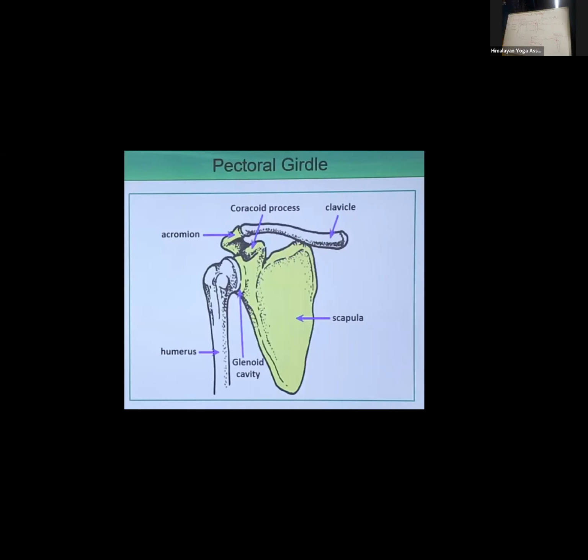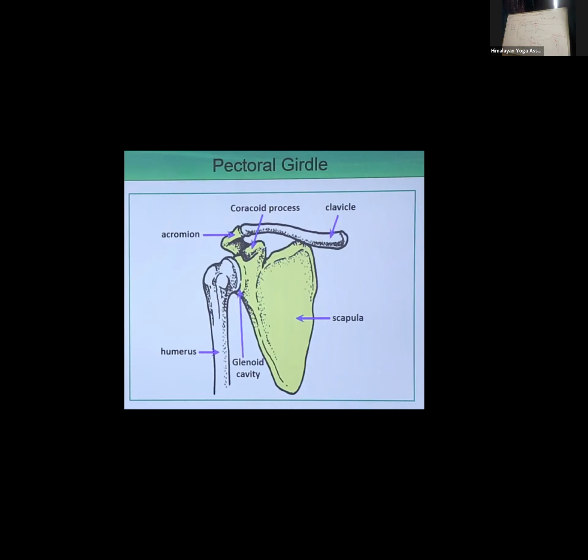Where we have scapula and clavicular bone joining, that portion is called? The joint of scapula and clavicle is called the acromioclavicular joint, because here this is the acromial end.